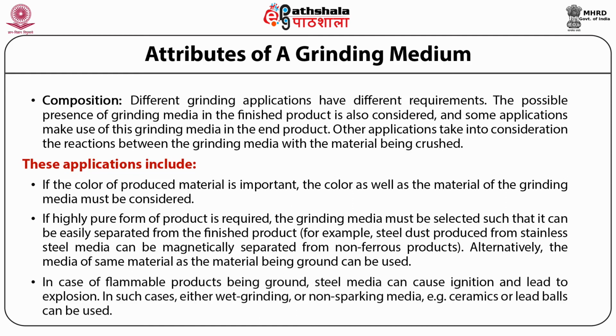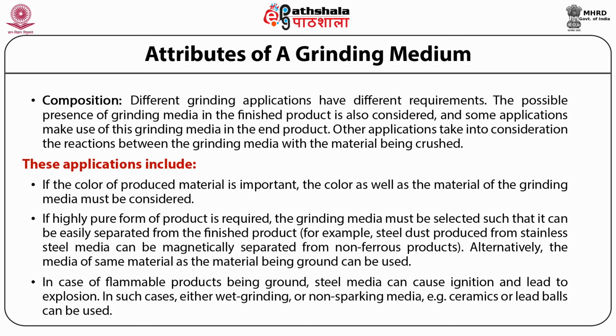Alternatively, media of the same material as the material being ground can be used. Next, in case of flammable products being ground, steel media can cause ignition and lead to explosion. In such cases, either wet grinding or non-sparking media, for example ceramics or lead balls, can be used. Then, certain grinding media, for example iron, can react with corrosive materials.